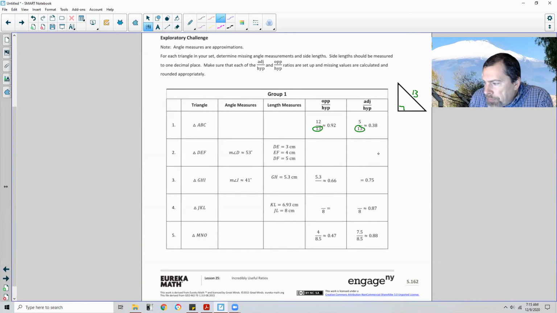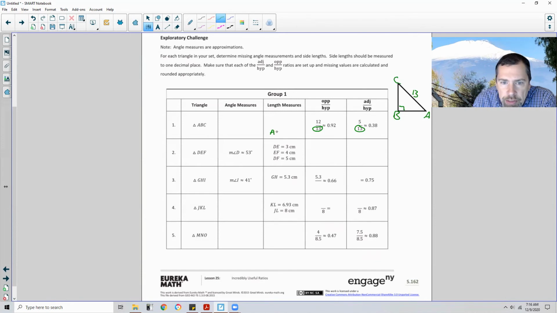And so angle B is our right angle. So that is 90 degrees. We're looking for angle measures. So if I name this A, B, C, let me just think about this a moment. Then AC is 13.